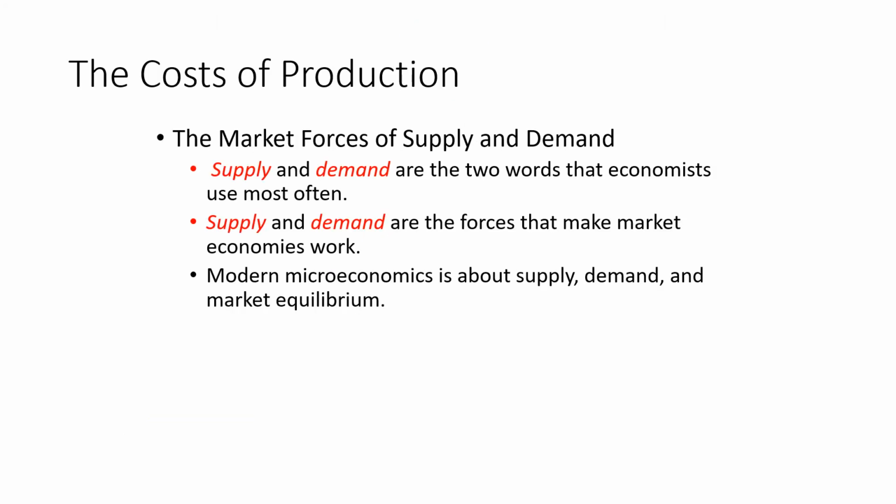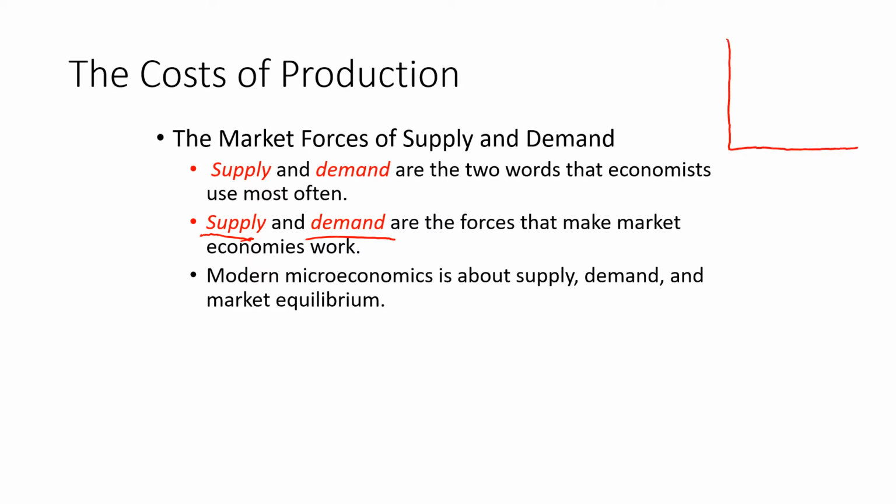In this lecture we are going to understand the cost of production, and in order to do so we are going to review our earlier concepts about supply and demand. These are the two forces that determine the equilibrium in the market, the equilibrium price and the equilibrium quantity. And we have already seen how it is done.